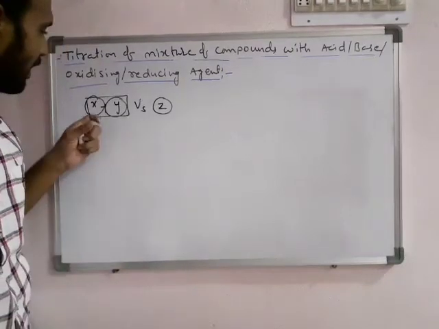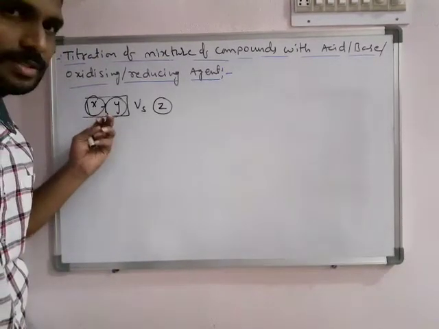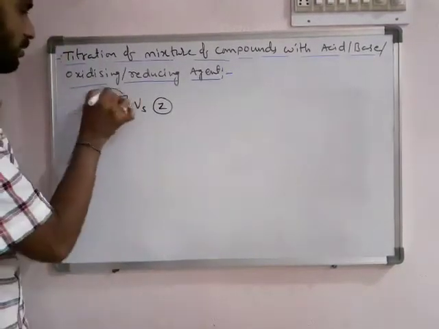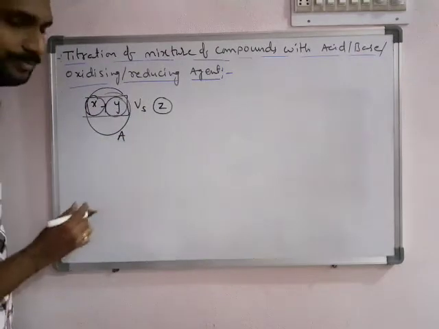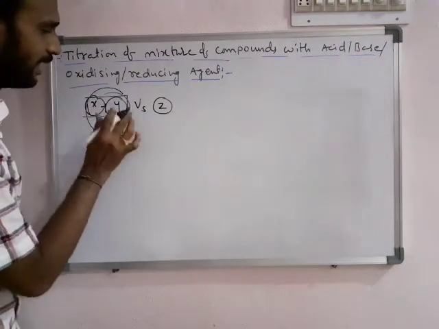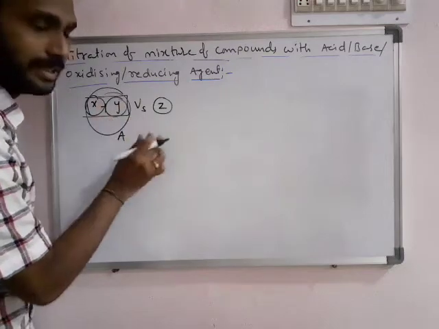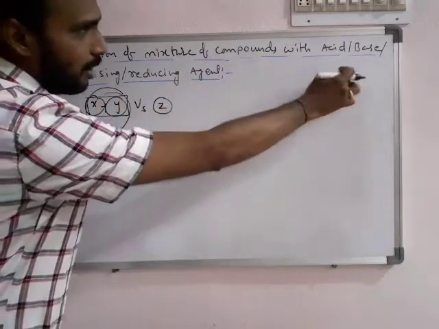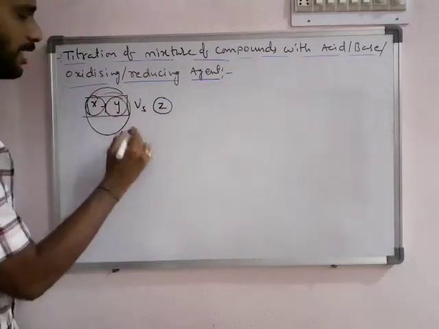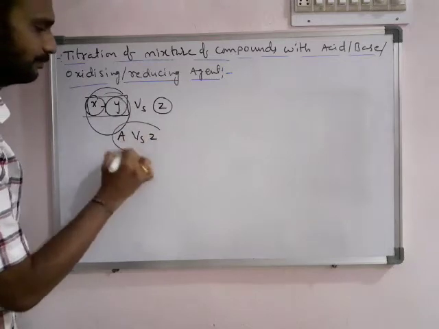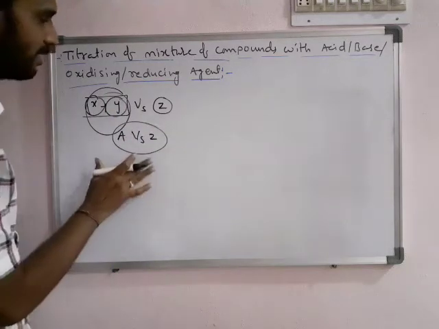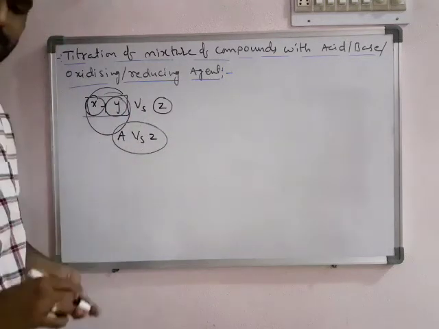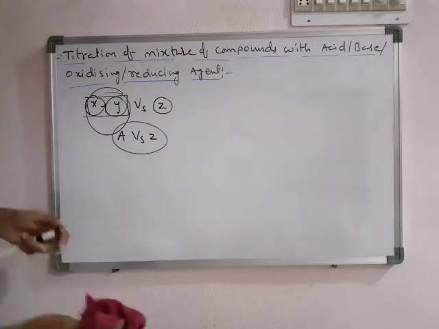For example, we take a mixture of two compounds. Say this total mixture is A. It consists of two compounds. It is now titrated, meaning reacted with an acid, base, oxidizing agent or reducing agent. So how do we calculate this type of problem? Now we see a general example.